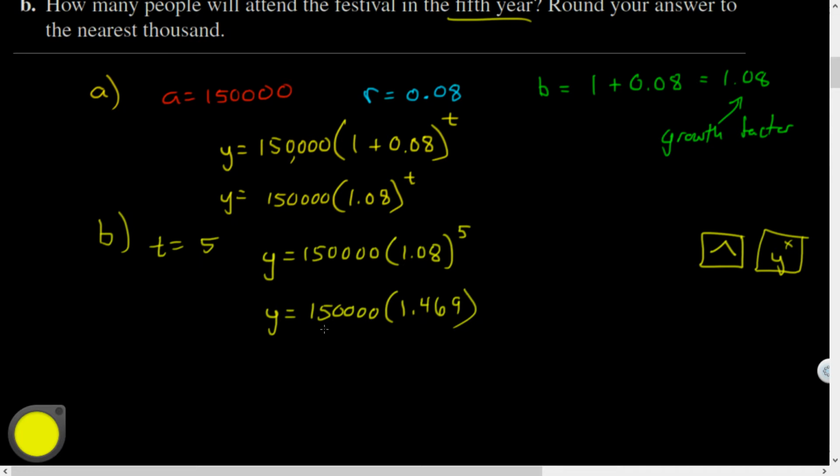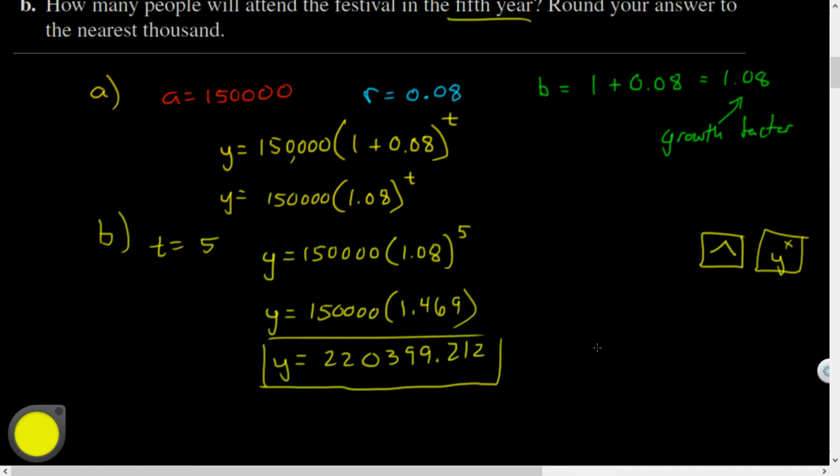And I've got y equals 220,399.21. And then it says 15, because that 5 is 5 or greater, I'll round this out to 2. So this is the number of people that attend the festival in the 5th year.